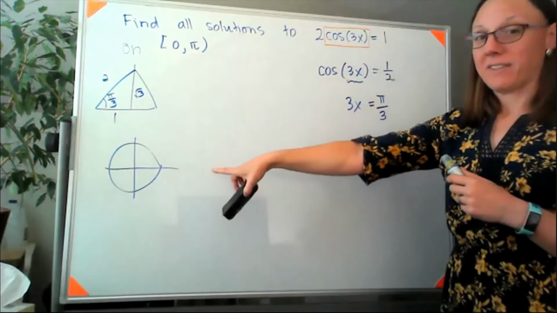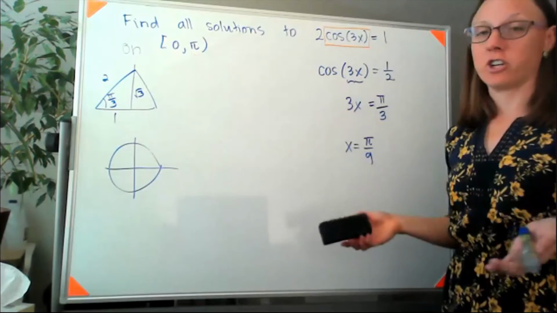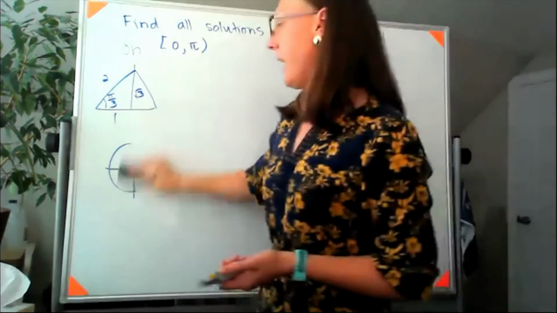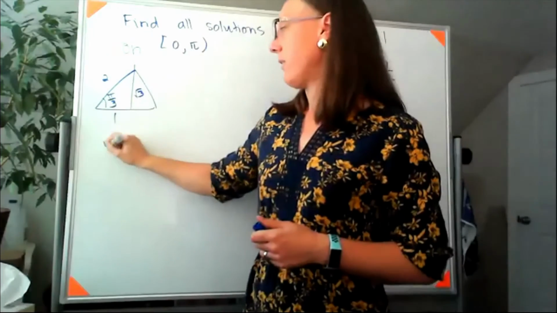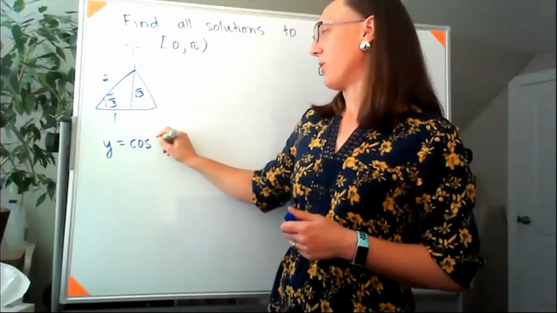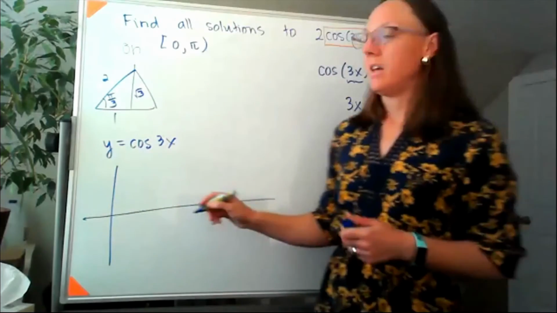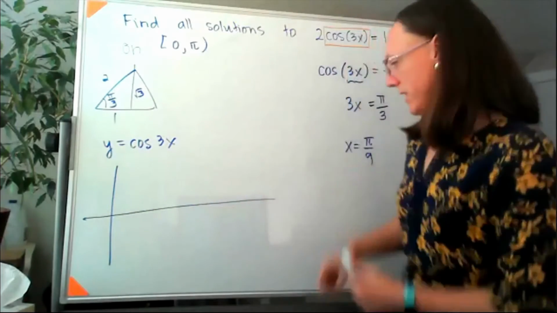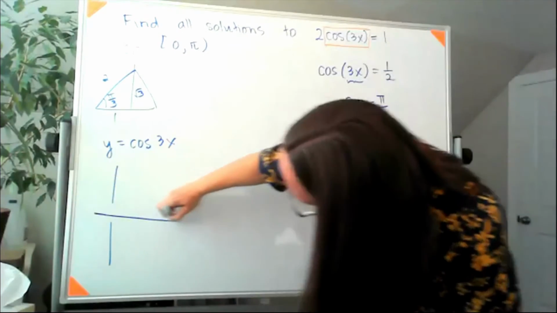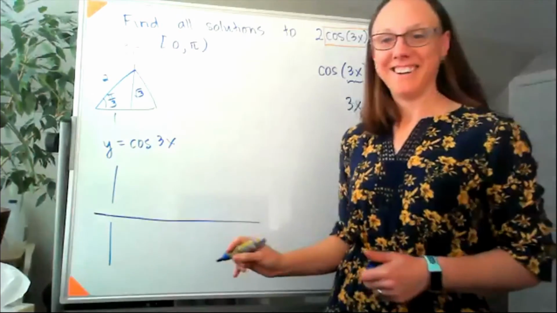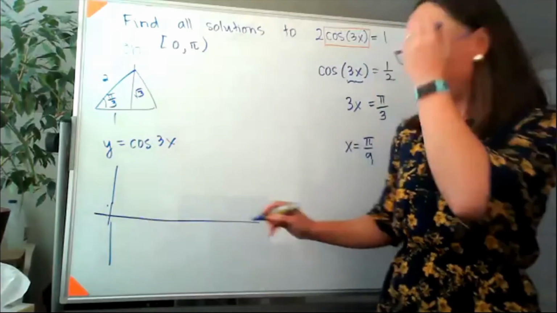Rather than thinking about this as a unit circle, if I think about this as the function cosine 3x and what that graph would look like, if y is equal to cosine 3x, normally cosine has a period of 2 pi.